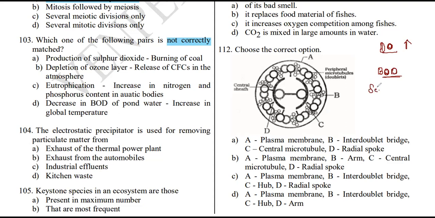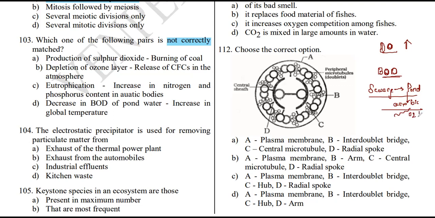Suppose sewage mixes in the pond, so now the pond is polluted. What exactly happens? Many aerobic bacteria come and break down this matter. Aerobic bacteria utilize a lot of oxygen, so they can break large molecules into small molecules.